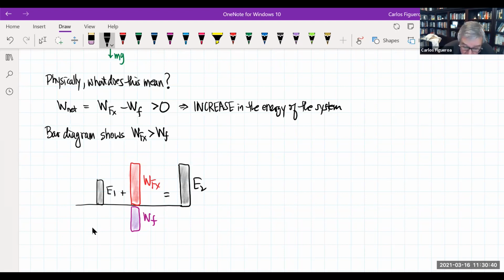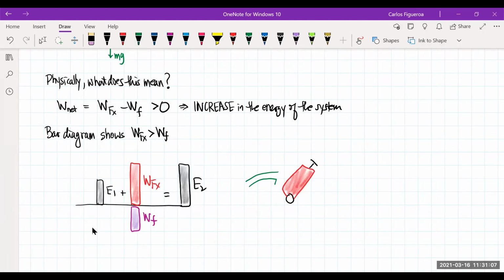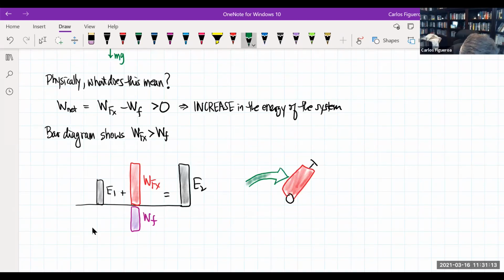And so if I look at my system here with the suitcase, right? If I'm looking at the suitcase, what I'm seeing is that when I look at the energy flow into the system, it is going to be greater coming in than what is taken out of the system.